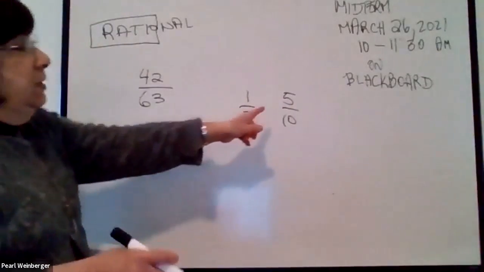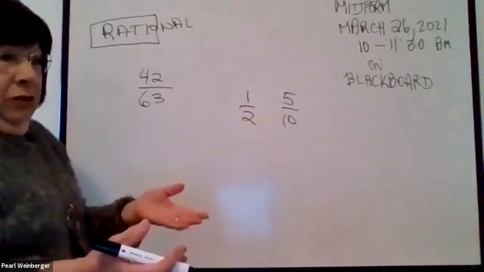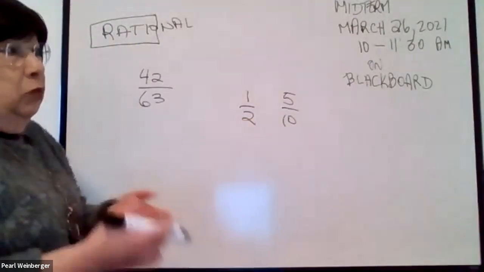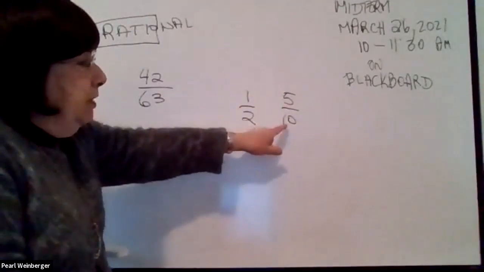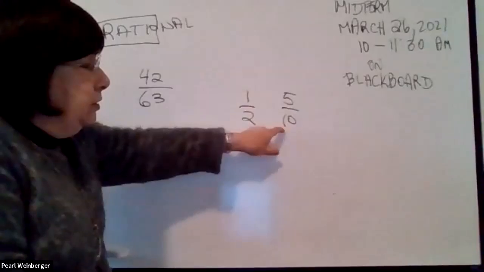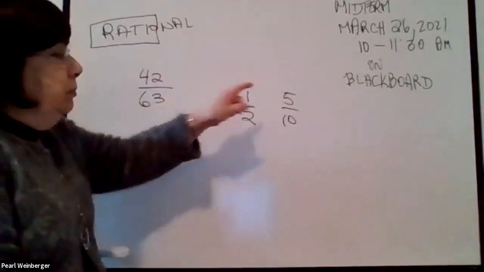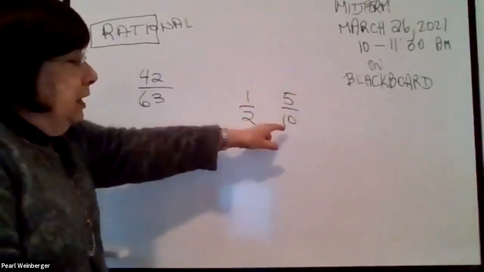So if I have something like 5/10, the way we get this into simplest form, the way we reduce it, is we try to find a common factor in both the numerator and denominator. Is there a number that goes into both the numerator and the denominator? If there's more than one, take the biggest one you can see.